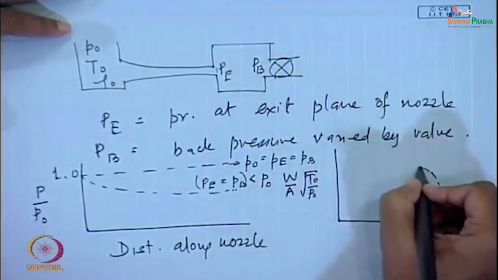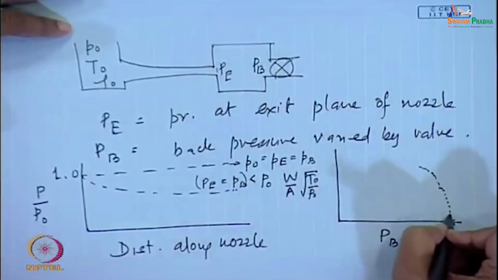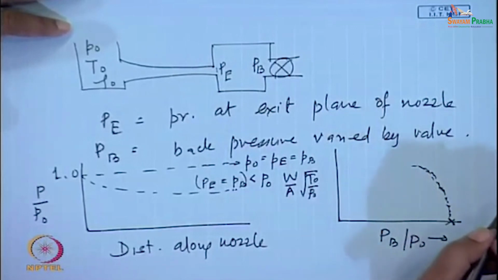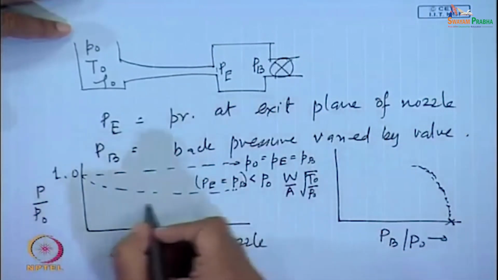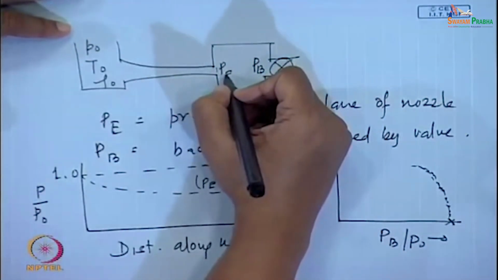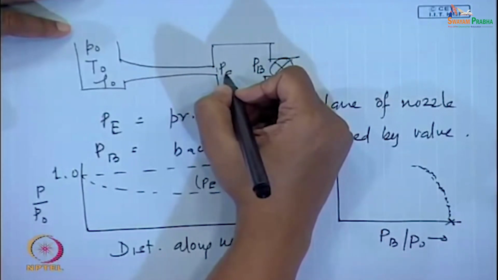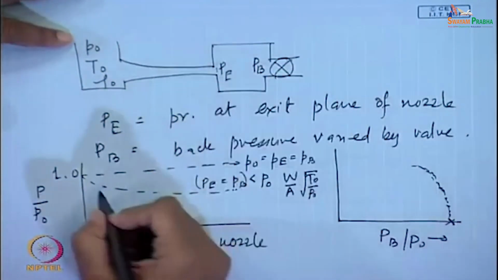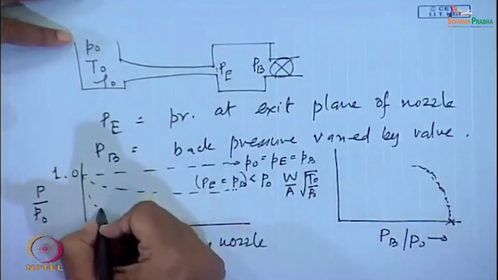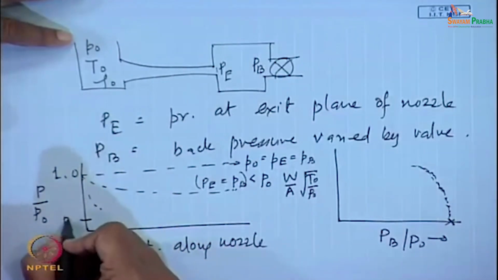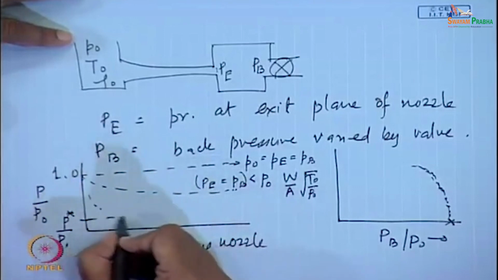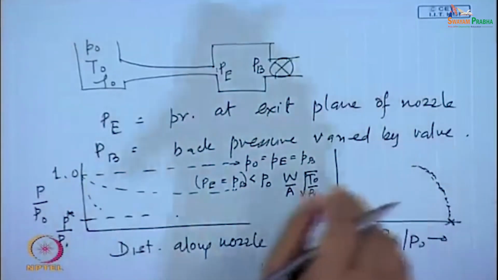It keeps on, when we keep on reducing the pressure, we find that the flow rate keeps on increasing. So, this goes on till the pressure here is under choked flow. Choked flow means we denote the properties by means of asterisks. So, therefore, this continues till we get P star by P0. This I will make with a different line.